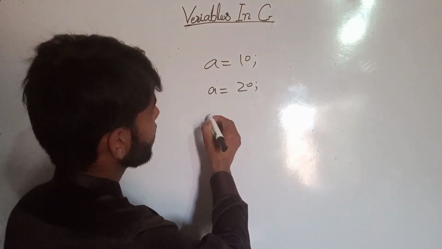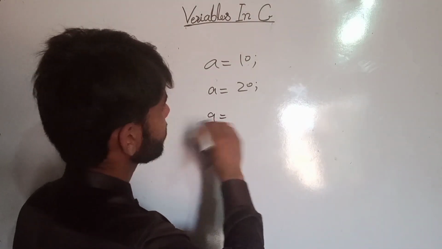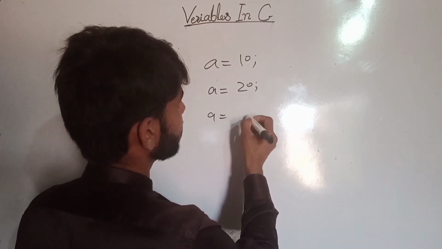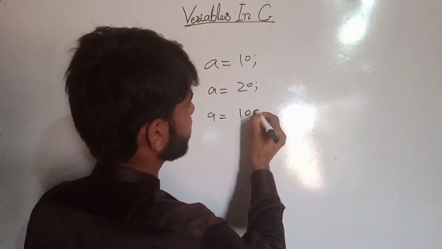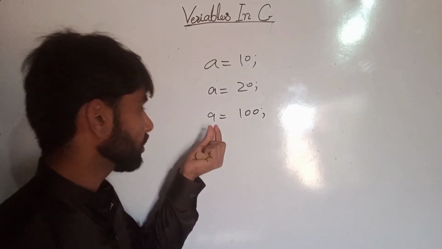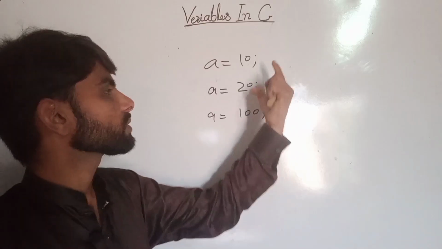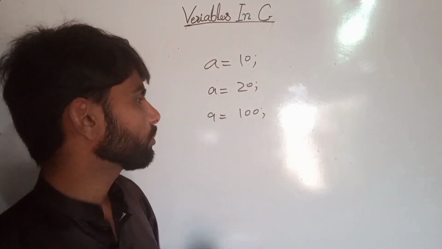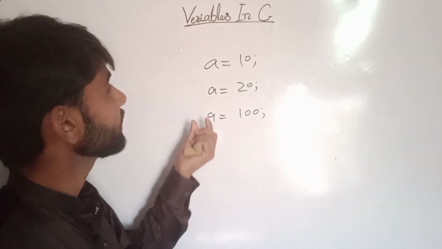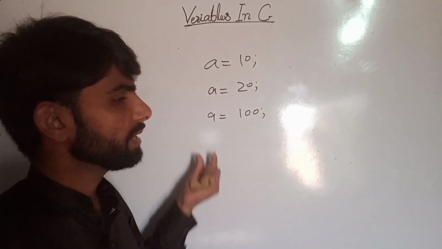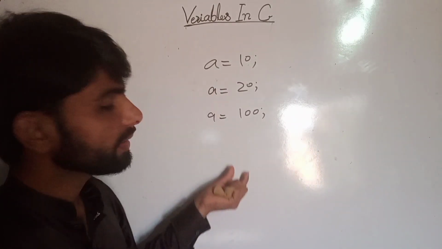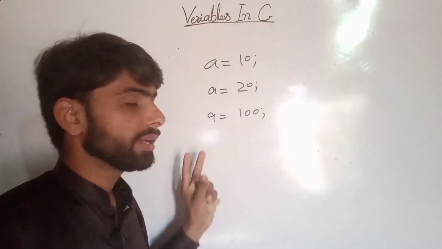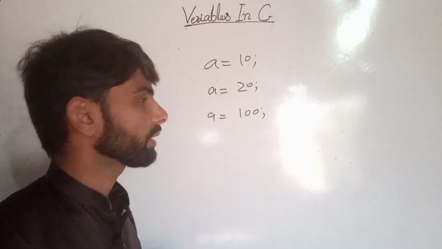So we can use any values and change them in our program. If I give the value 100, the previous value is removed and 100 is stored in the memory. That's why these are called variables: their value can change at any time in the program.